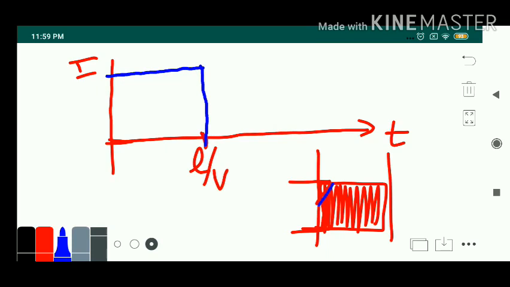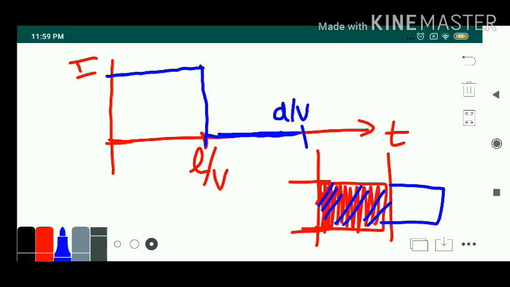Once it is inside the field, there is no more cutting of magnetic field lines, so now the current is 0. This continues until the coil starts to leave the magnetic field, that is from d by v. Initially it was entering, then it is leaving.